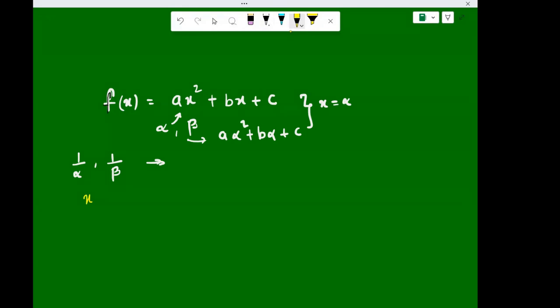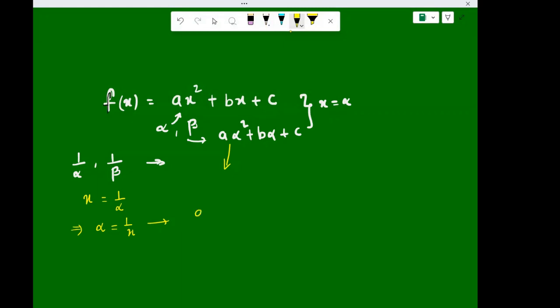So what we are going to do is equate x equal to 1 by alpha to create the quadratic expression. So now x equal to 1 by alpha, that means alpha equal to how much? 1 by x. Now this equation becomes, because alpha is also a root of this quadratic equation, it's satisfied by that.